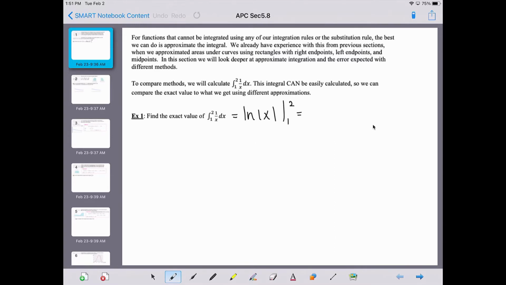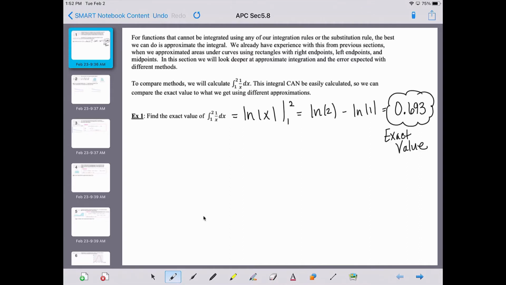If we evaluate this at our limits of integration, using the evaluation theorem, this would just be natural log 2 minus natural log 1, which if you type that in your calculator and round your answer to 3 places past the decimal per AP rules, the exact value of our integral from 1 to 2 is 0.693. Okay, and this is the exact value of this integral. So the approximation methods that we use today, we're going to compare to this exact value to see how close they get.